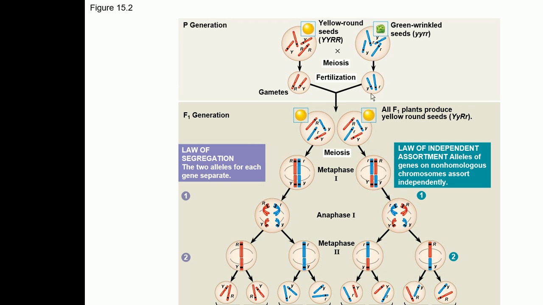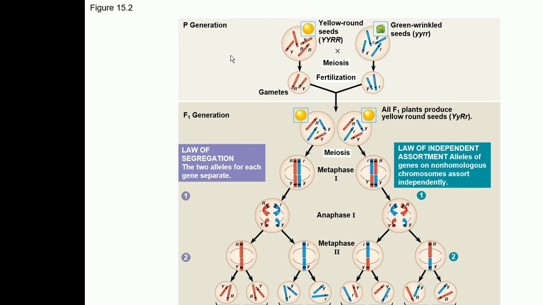So this again shows Mendel's dihybrid cross. In the PowerPoint, the dihybrid cross is shown in terms of alleles and how they get separated during meiosis, resulting in the formation of gametes. This slide exactly shows what I showed on the whiteboard in the last chapter.